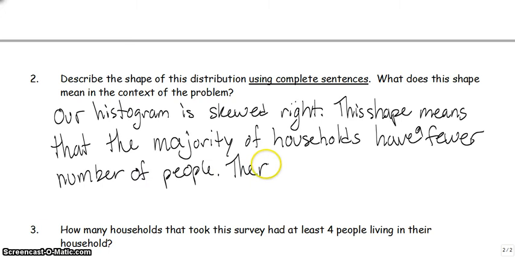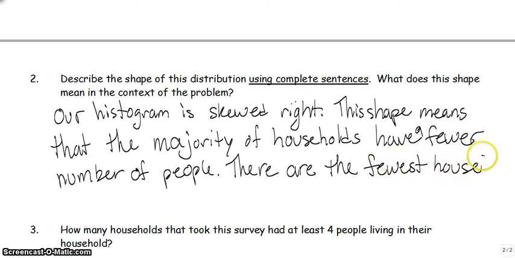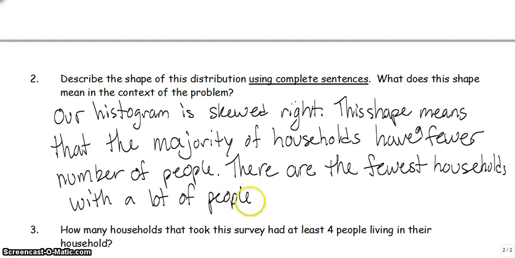I might even add that there are the fewest households with a lot of people. Right? It's all in our interpretation, ending with a period.